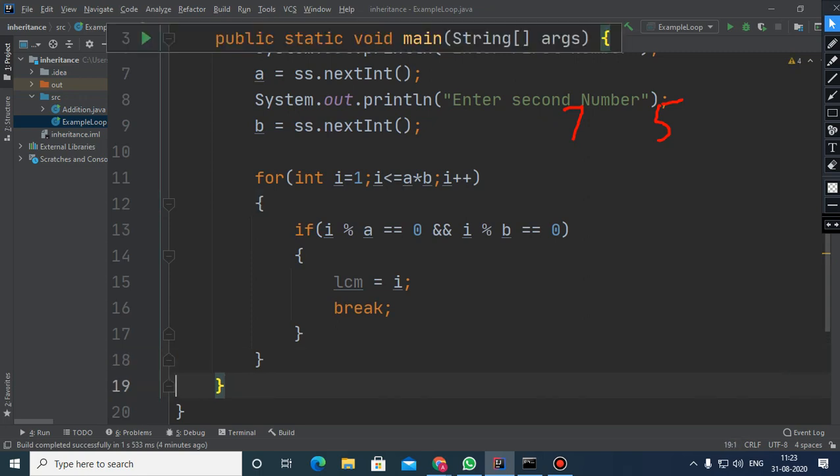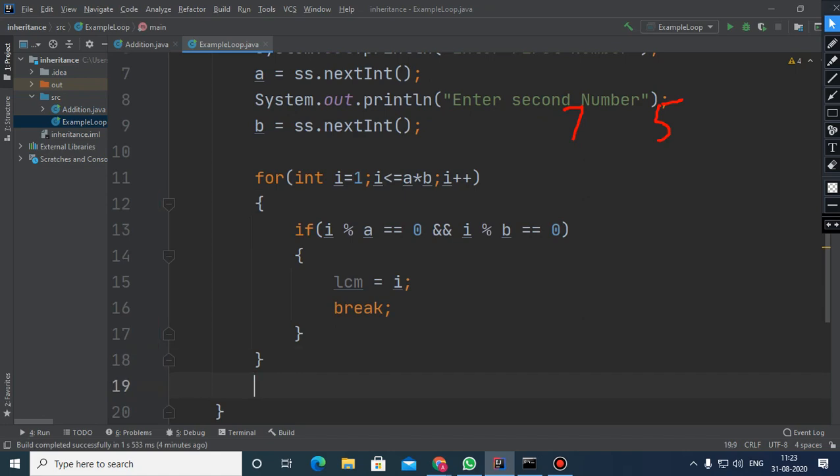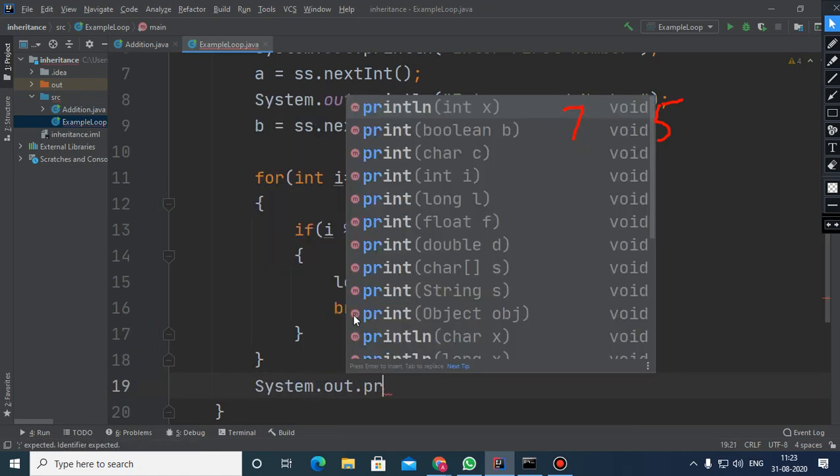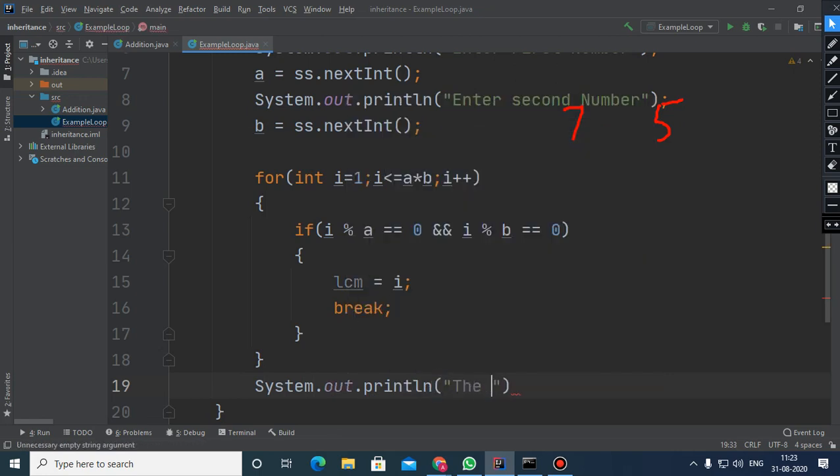You need not continue further. So when break executes, the control will come out of the body of the loop and will print the LCM like this.